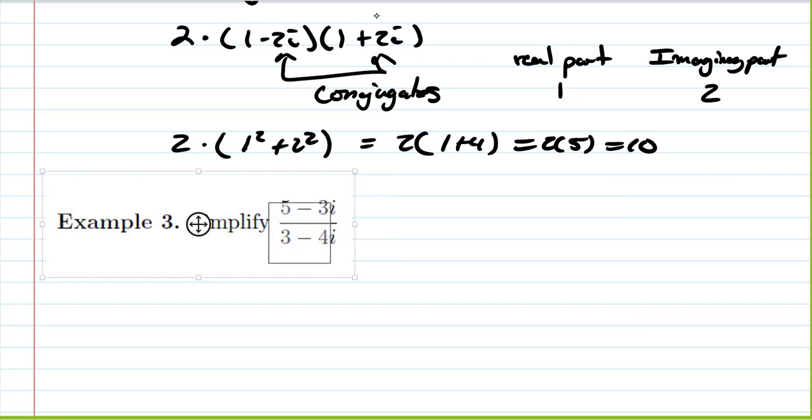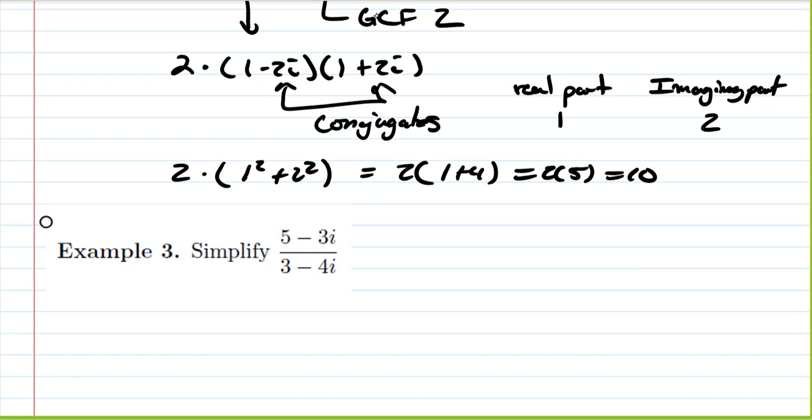So for example number 3, we are asked to simplify this. So we're asked to do division. The thing is, we may not know how to divide by the imaginary unit, which we don't.